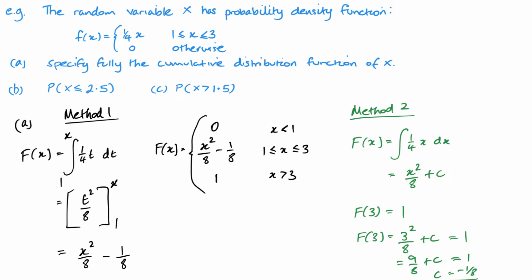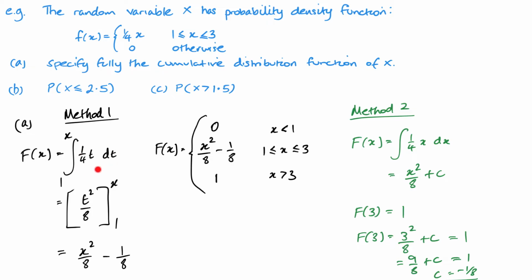I do think some questions favour method 1, some questions favour method 2. What I would say is pick one method and stick with it, whichever you prefer. If you're going to keep on forgetting to put your t's in, go with method 2. Yeah?